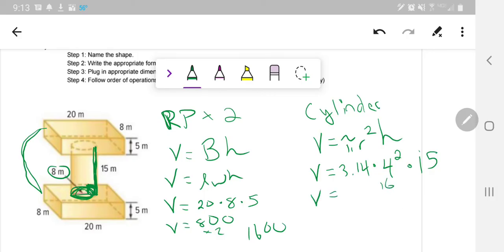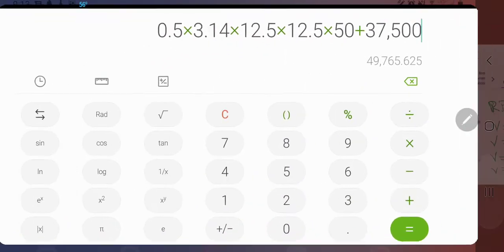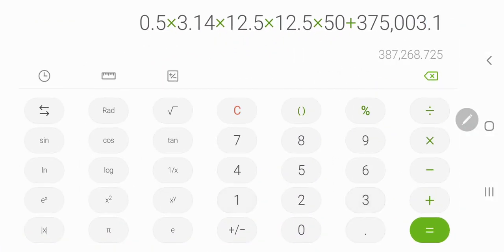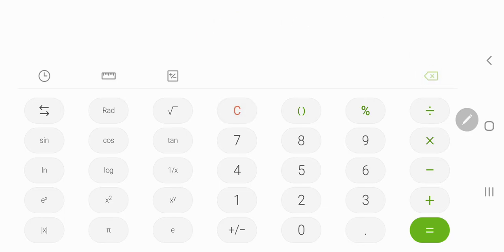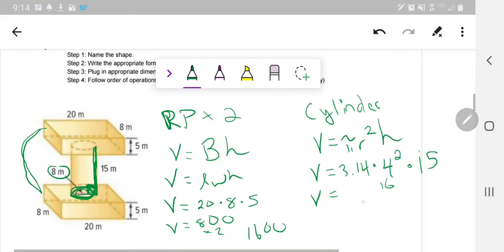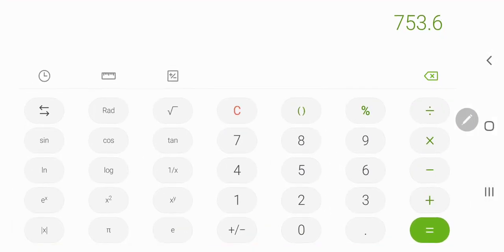I'm going to ask my calculator to help me. I know that this is 16, so I'll do 3.14 times 16 times 15, 753.6. Is that right?